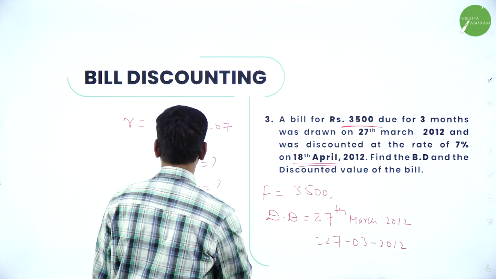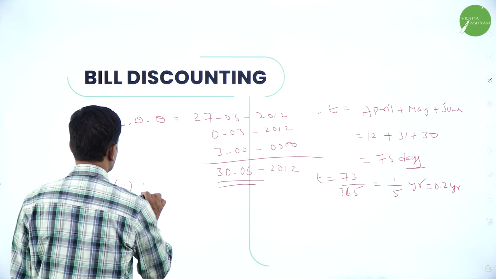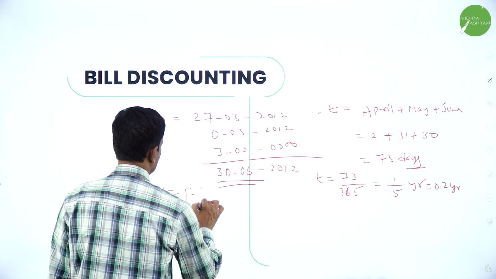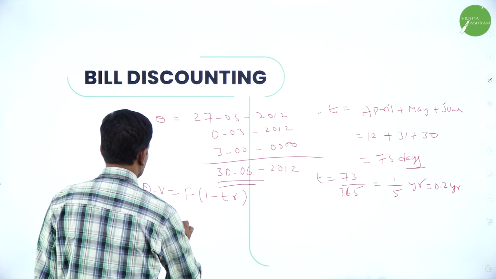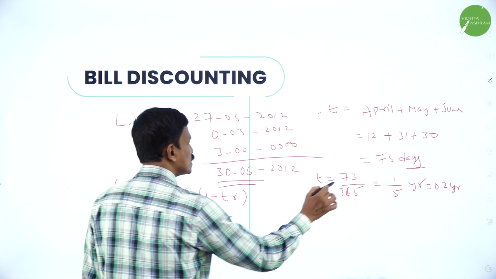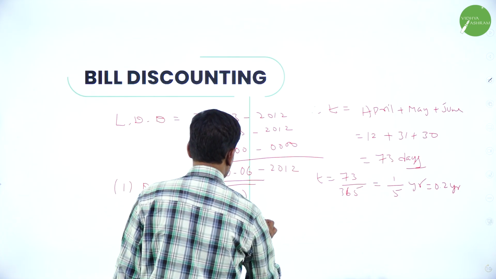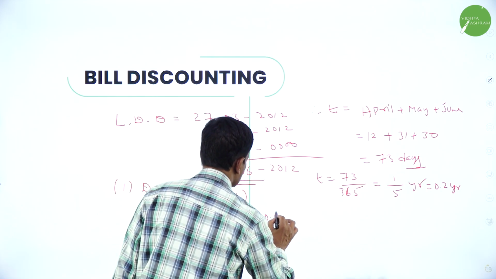Now just find out the discounted value. So first find out DV. The discounted value is equal to F into 1 minus TR. That is nothing but 3,500, which is the face value, into 1 minus, T is equal to 0.2, into the rate of interest, 0.07.